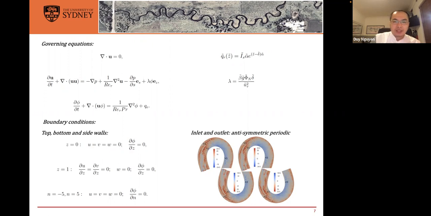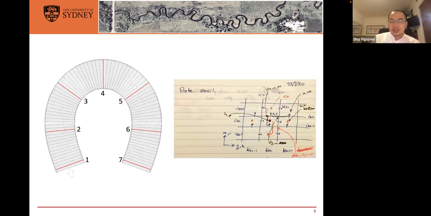When we set that, we let it run for a while until we get a statistically steady condition, and then we collect the data. We collect for 30 to 40 time units, which is enough for the time average to converge.